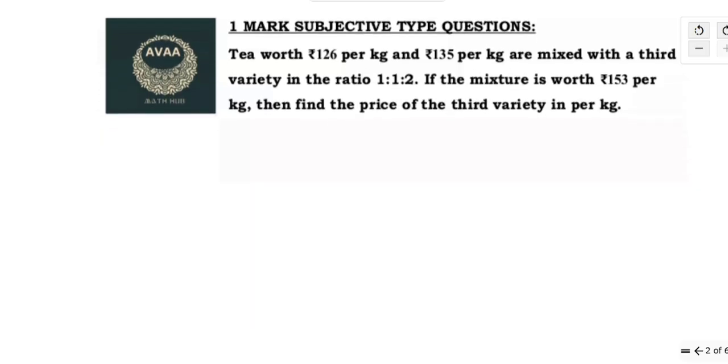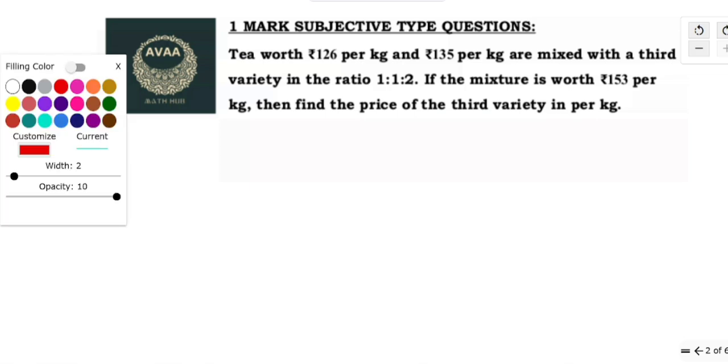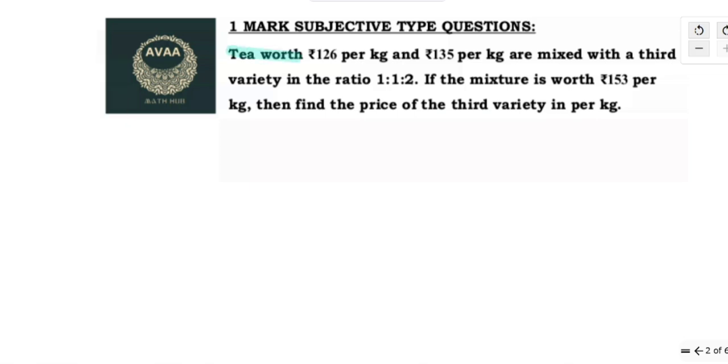1 mark category. Here, tea worth rupees 126 per kg and rupees 135 per kg are mixed with a third variety in the ratio 1:1:2. If the mixture is worth rupees 153 per kg, then find the price of the third variety per kg.